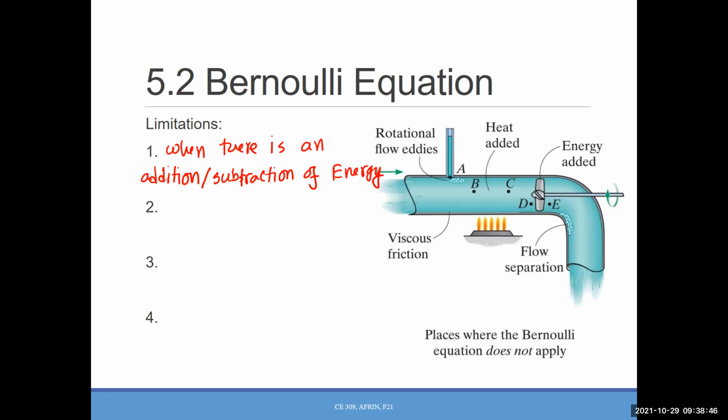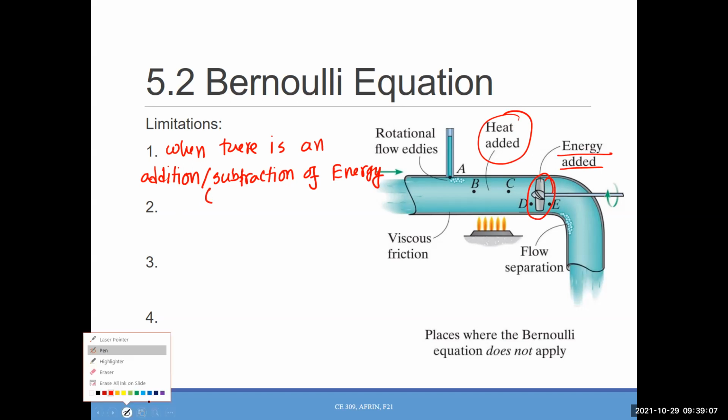If you add heat, that can be one source of energy addition. From this picture, if you add some pump or something here, that is another source of energy. So I will write down a little example here, maybe heat, pump, something like that.